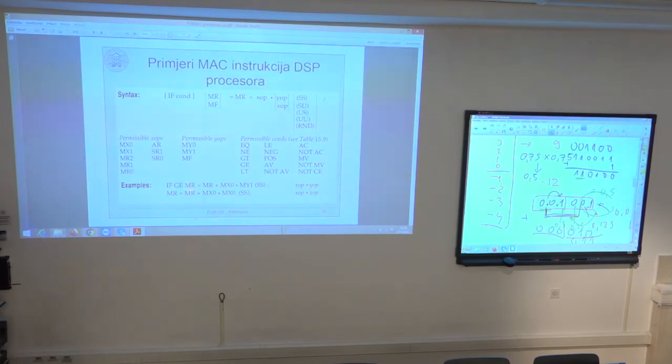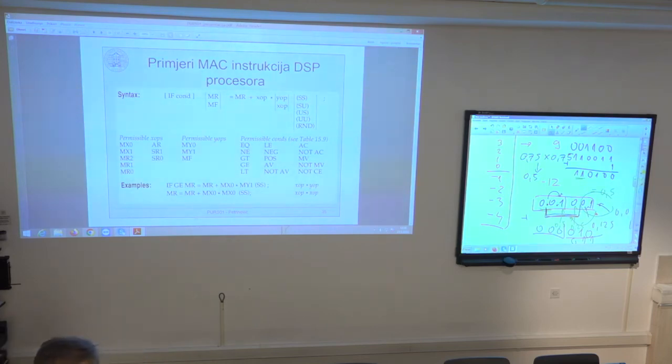And then I have an example here: if greater or equal, MR is equal to MR plus MX0 times MY1, and both arguments are treated as signed numbers. Or another example, unconditional execution, MR is equal to MR plus MX0 times MX0. So the second argument can also be the x combination.